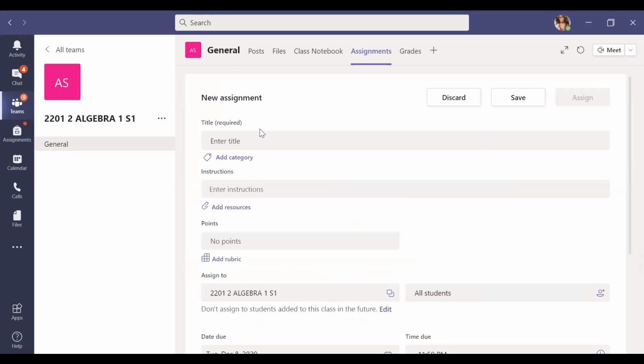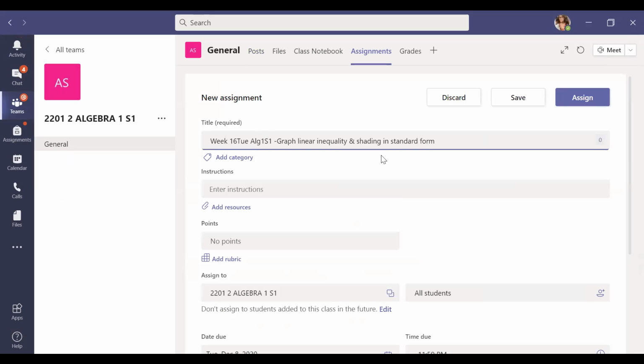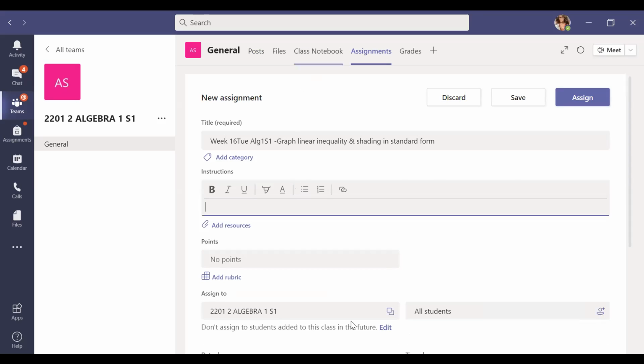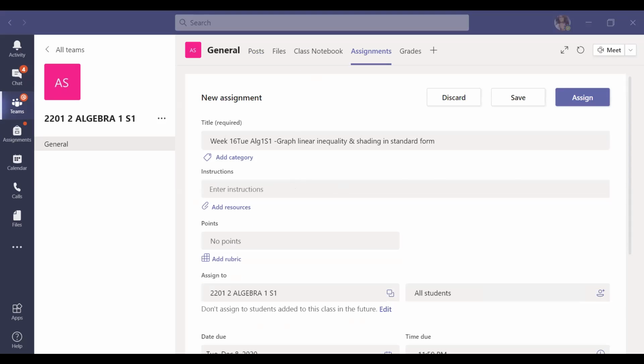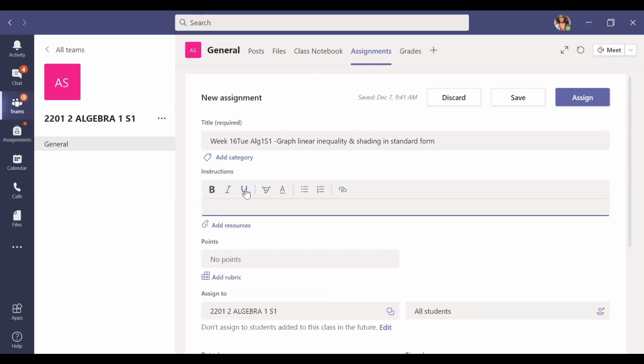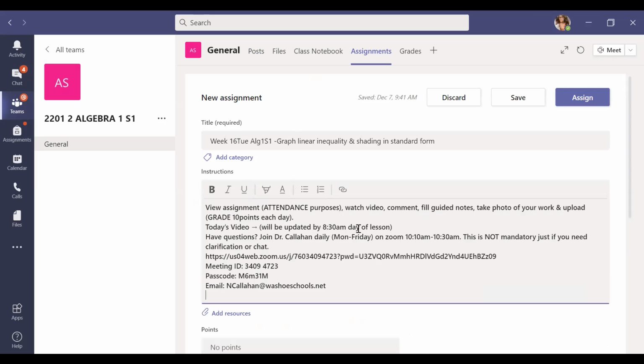So assignment, I'm going to paste that. And your instruction is the same as always. It is to view the assignment. That's for your attendance. Watch the video, fill that out, comment, take a photo of your work and upload it. And that's going to be for your grade.